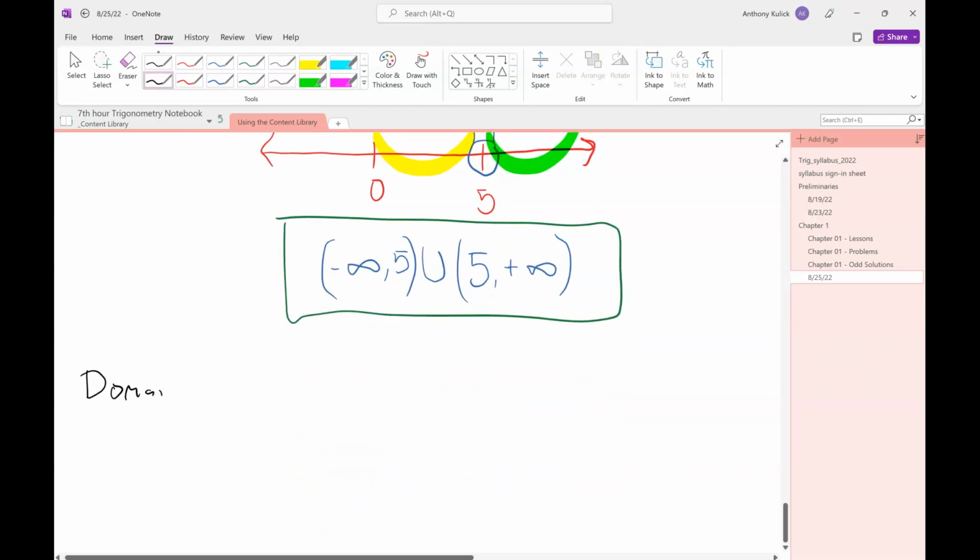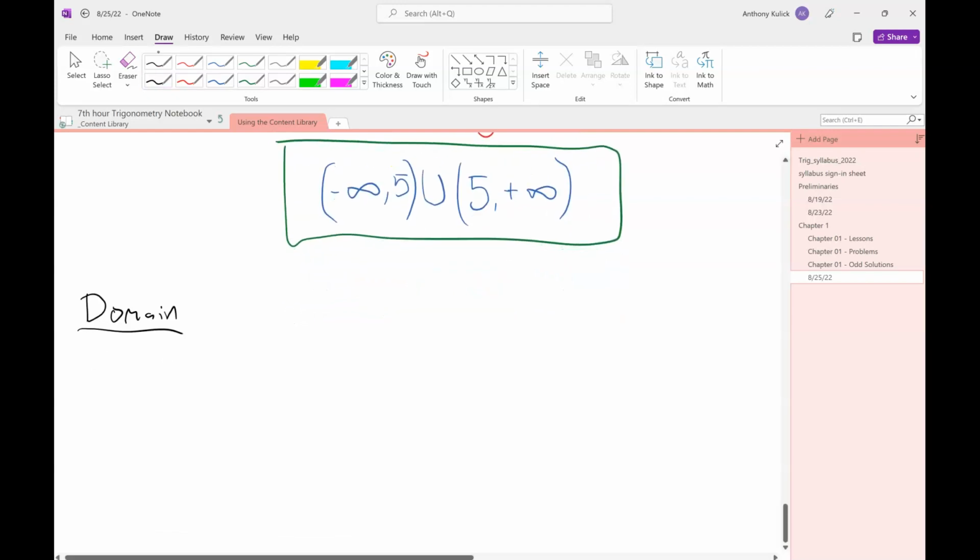All right. So let's talk about domain now. So there's 2 types of domain. There's the implied domain, this comes from just the equation of the function.